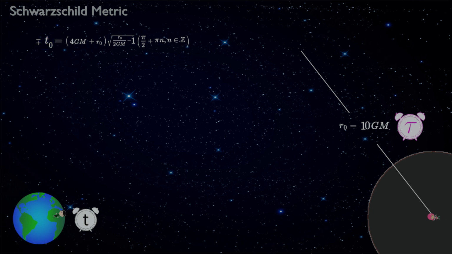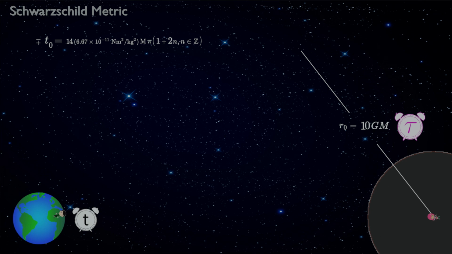Let's put in Stella's initial position of r0 equals 10 gm and calculate her infall time. Now the g in this equation is just Newton's constant of 6.67 times 10 to the negative 11 Newton meters squared per kilogram squared.